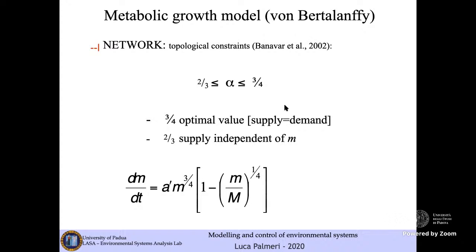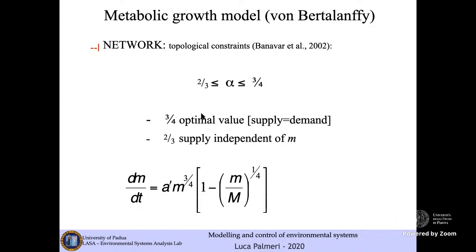So this is an optimized network. So the 3/4 exponent is, if you want, the evolutive tendency that somehow includes the second principle of thermodynamics, the law of entropy, and translates it into the limited growth paradigm.